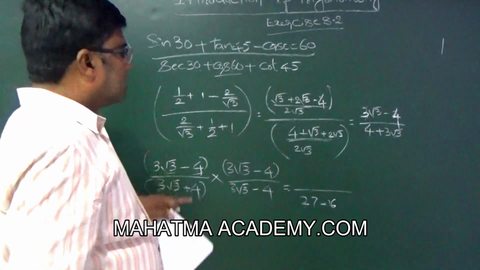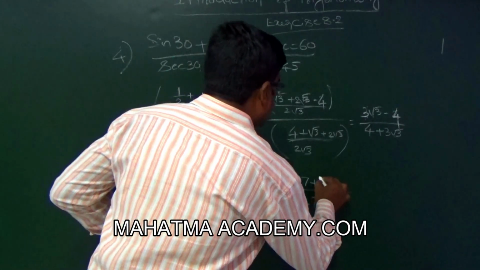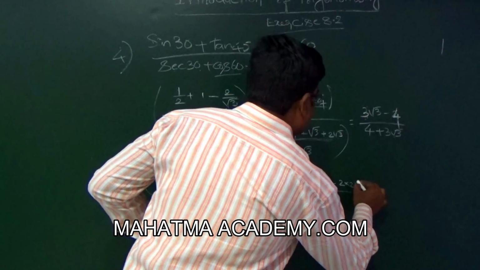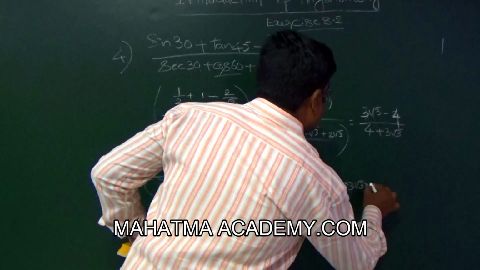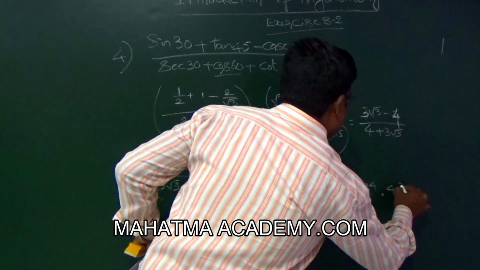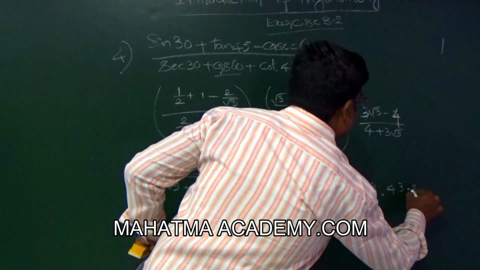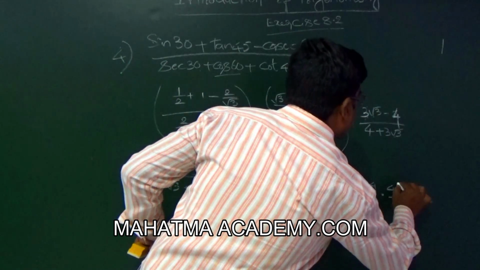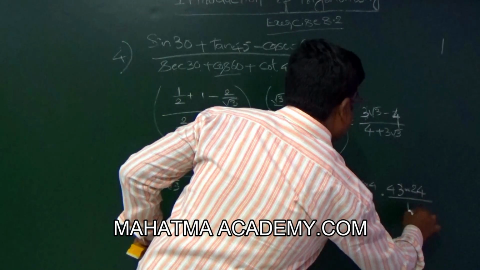3 root 3 whole square is 27, plus 16, so we get 43, minus 2 into 3 root 3 into 4, which is 24 root 3. So we get 43 minus 24 root 3 upon 11.